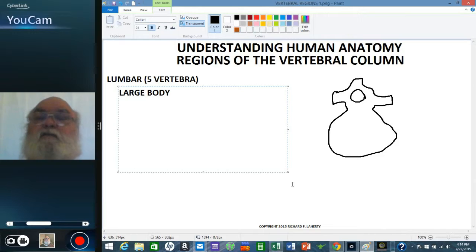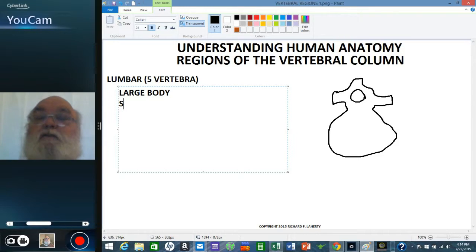And that is because these vertebrae are carrying or transmitting the weight of everything above them. So most of the torso and certainly the head and neck are weighing down on these vertebral bodies, so they need to be large and strong to support that weight.